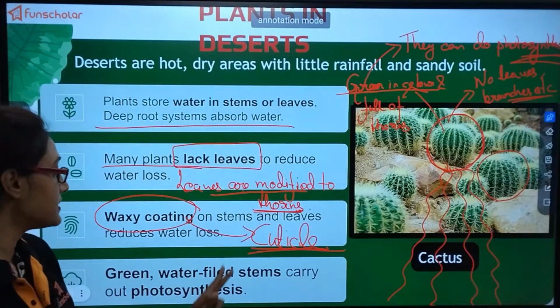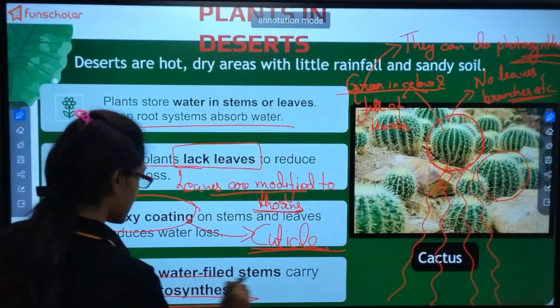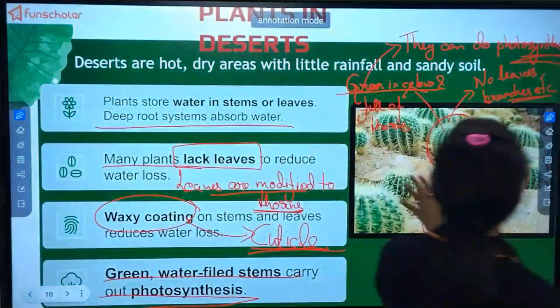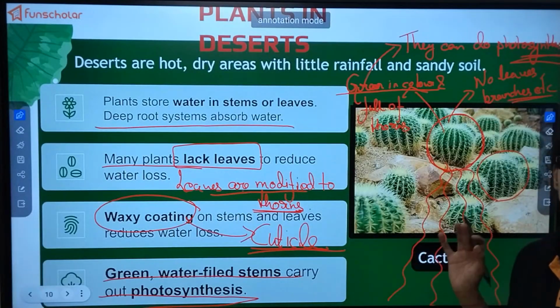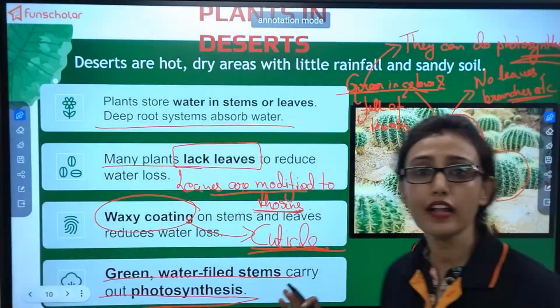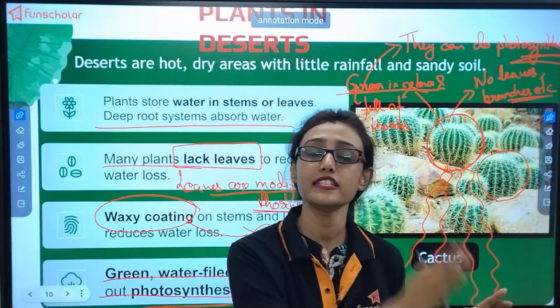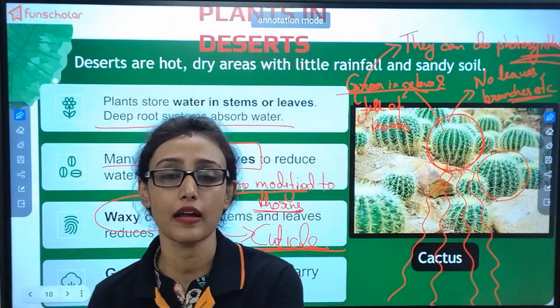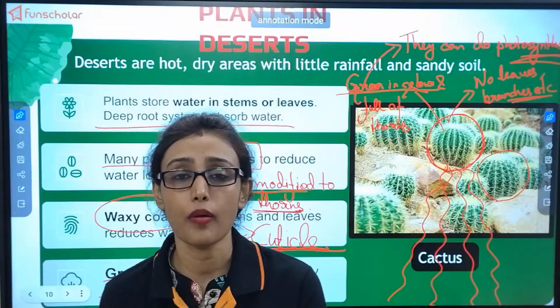Green water-filled stems carry out photosynthesis. Just now I have told you, even from the color of the stem you can understand, only the green plants can make photosynthesis because of what? Because of the presence of chlorophyll. Just see how one chapter is related to one chapter. How one topic is being related to another topic.